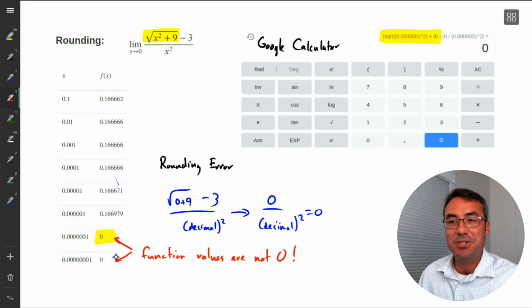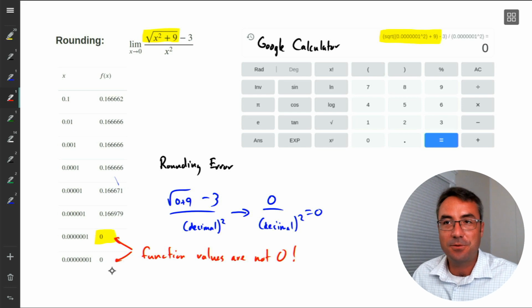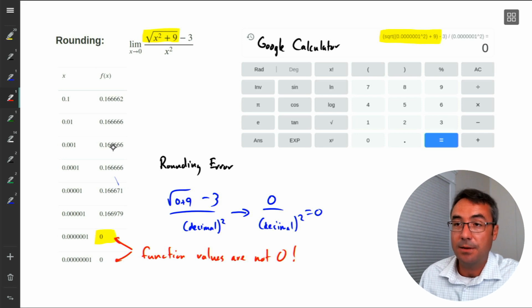So you might reach some point where rounding error or just the limitations of the calculator or computer come into play, and that's what we're seeing here. So that's just another kind of issue to keep in mind for numerical and potentially graphical limits: we're estimating, we're just rounding, and if you throw in too much rounding error, that can cause issues for calculating limits.